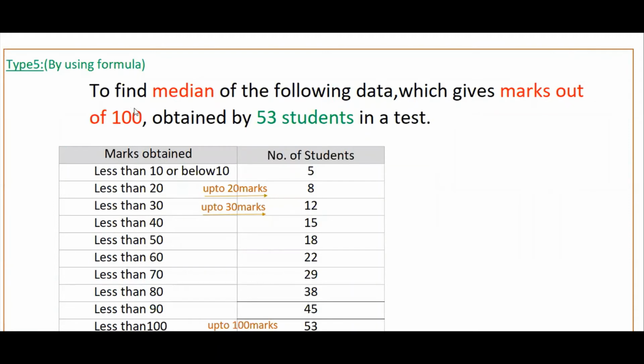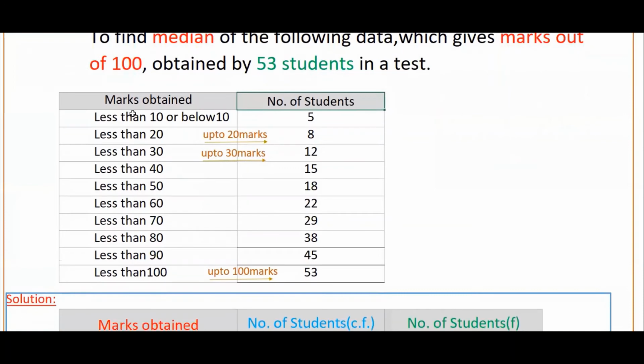This is another type of problem. To find the median of the following data which gives marks out of 100 obtained by 53 students in a test. So here the values are given in a different form. Marks obtained less than 10, less than 20 like this, and number of students also given. And they can also give below 10, below 20, below 30 like that.